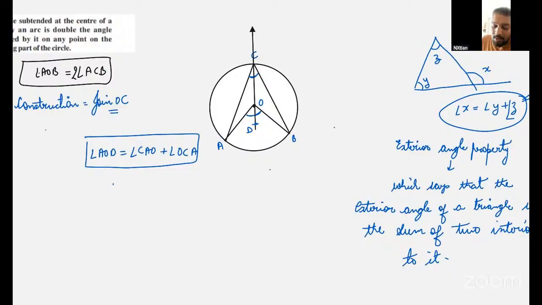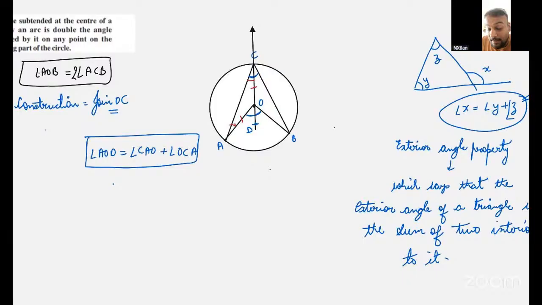Okay, now listen. Now we know that this radius is equal, like OC is equal to OD. So if OC is equal to OD, then their opposite angles are also equal, meaning this one is equal to this one. Why are OC and OA equal?